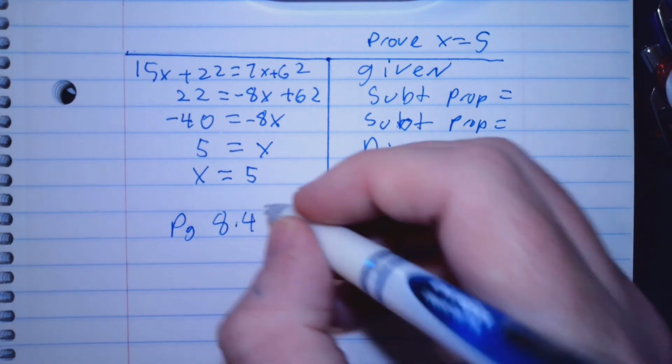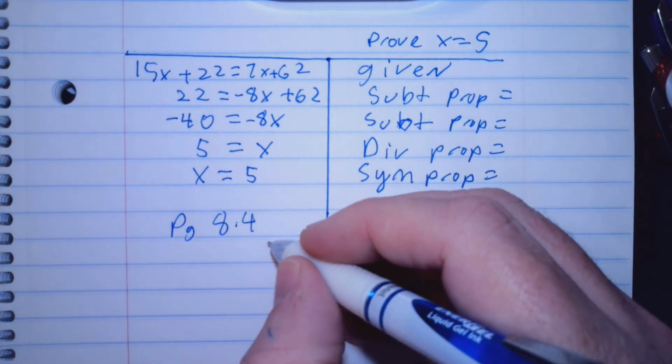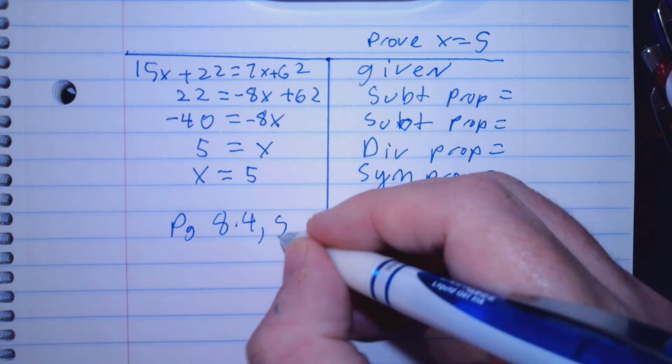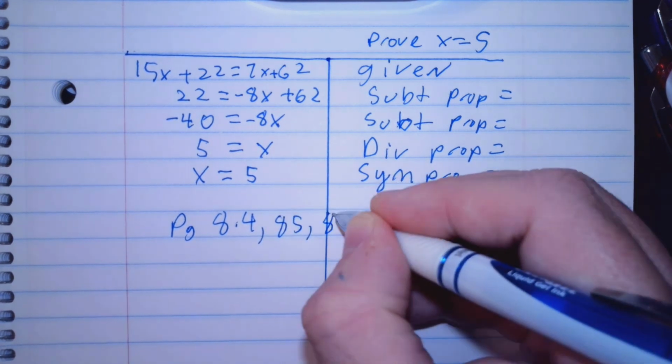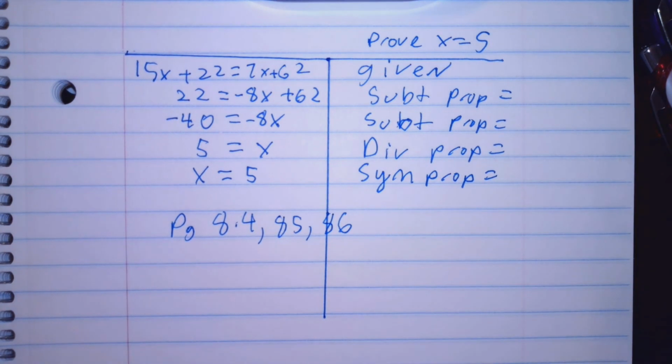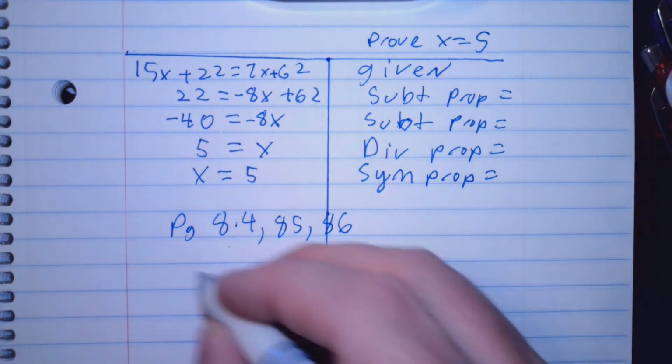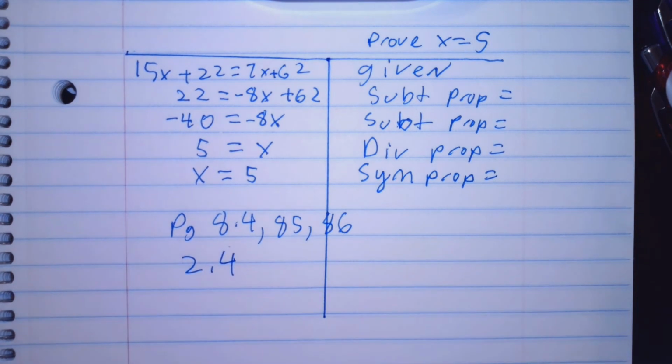That's not 8.4, that's 84. 84, 85, and 86. You're going to need all of those properties, pages 84, 85, and 86, to help you out, and that is actually in section 2.4 in your book.